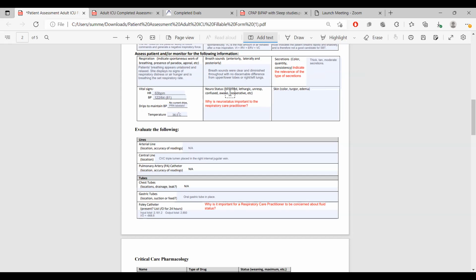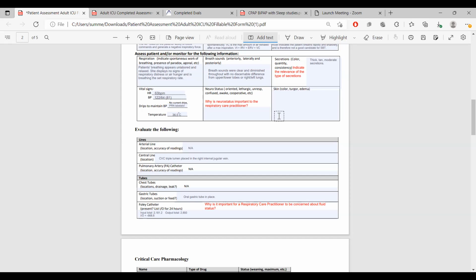Neurostatus. Oh, this is hard for my patient because they were taking her off the sedation. So her situation's kind of complex where she is moving around, but she's not following commands. So I don't know how to describe her neurostatus. That would be good. So moves around but doesn't follow commands.